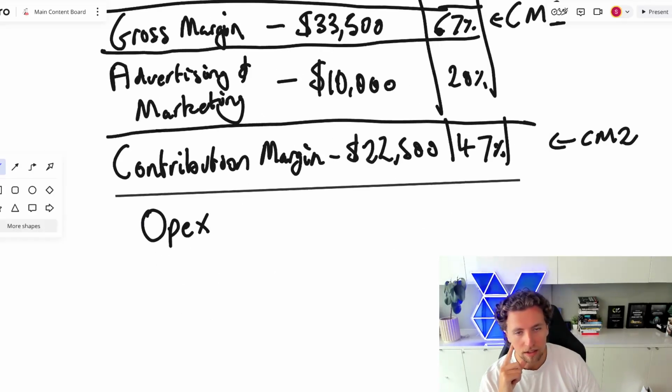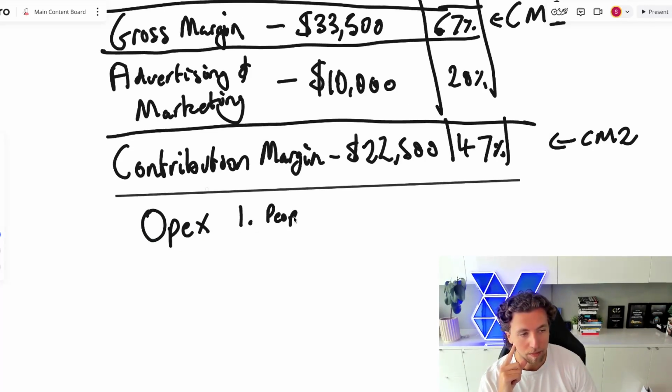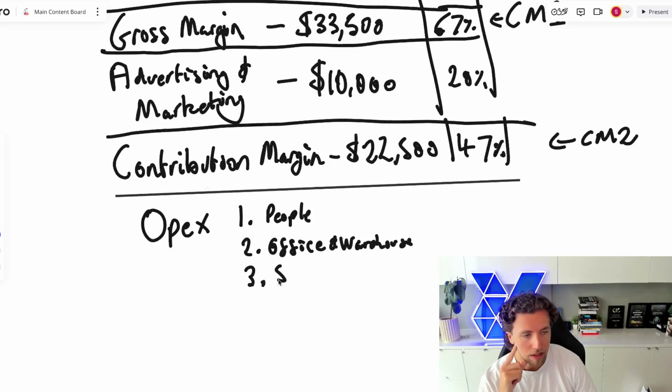Now, within a direct-to-consumer e-commerce brand, this typically falls into 3 core buckets. Number 1 is people. Number 2 is office and warehouse. And number 3 is software, or SaaS.